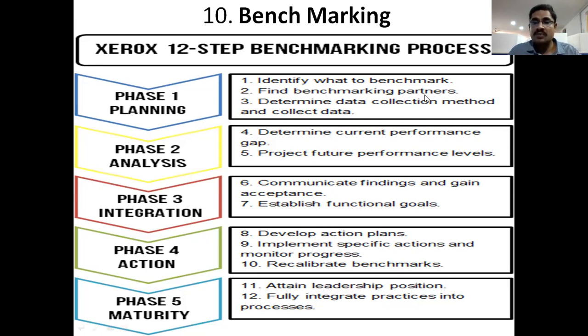So our college performance is compared with RVRJC performance levels and our college is compared with KITS college performance levels. So that is the example, right? Find the benchmarking partners. Partners means comparison organizations, right? So our organization is compared with others. Those other organizations are called partners.